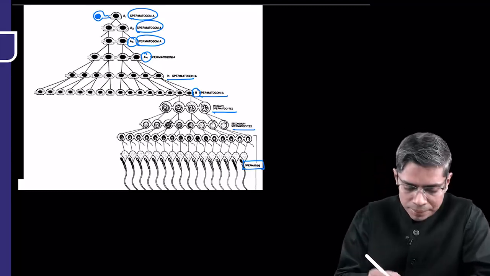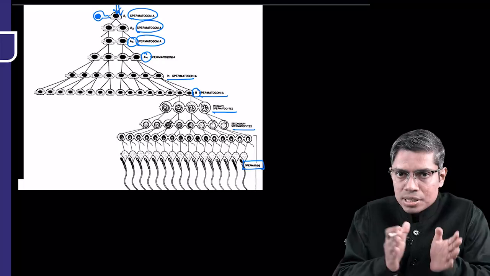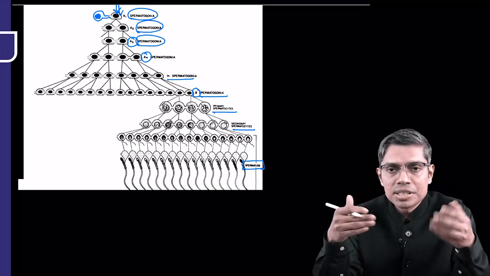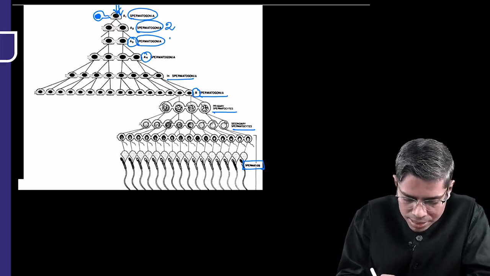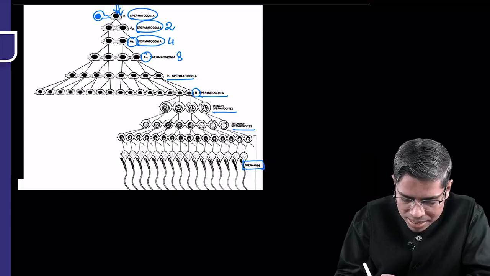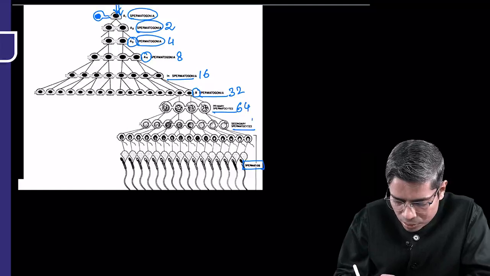If you calculate, suppose this is one spermatogonia cell. I told you that initially the two cells will start division simultaneously. So whenever this one cell divides into 2, then it will divide into 4, then 8, then 16, then 32, then 64, then 128, and then 256.